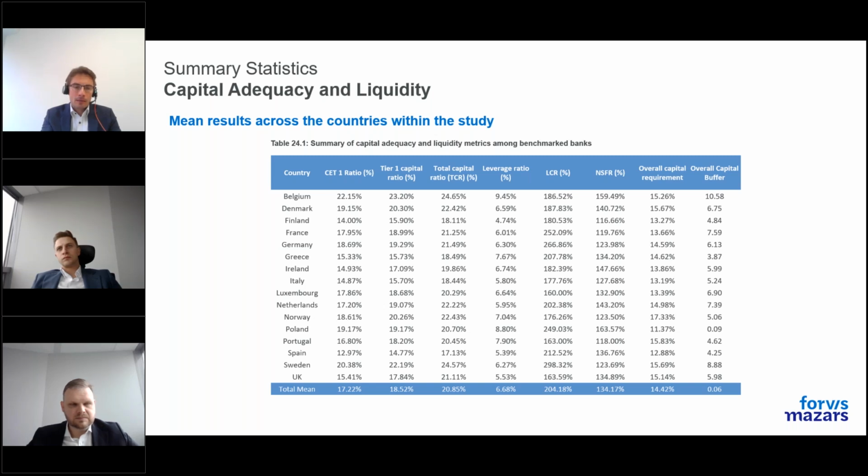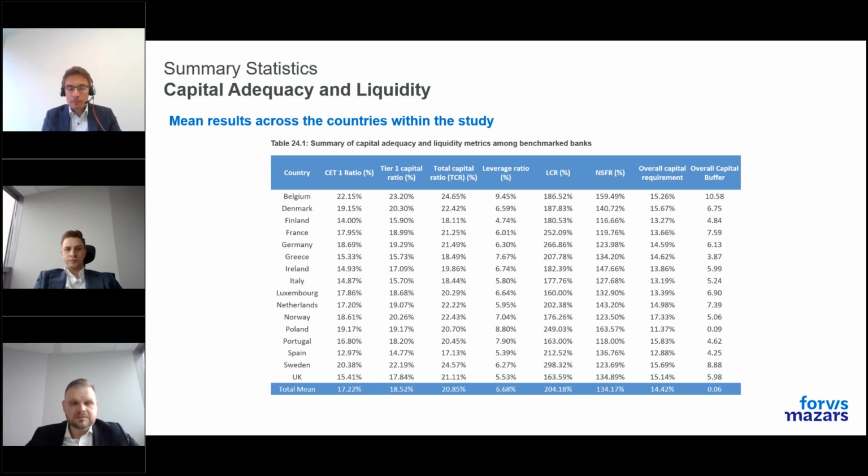And for the liquidity ratios, we observed that the average leverage ratio in our study was at 6.7%, LCR at 204%, and NSFR at 134%, with all 3 values slightly above figures obtained in the BCBS study. However, again, these were quite similar values, always on a bit more positive or higher values observed in our study.